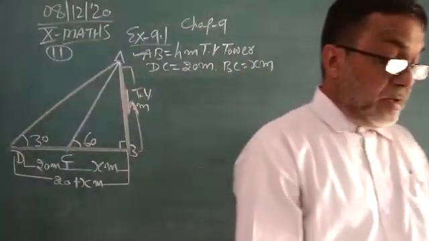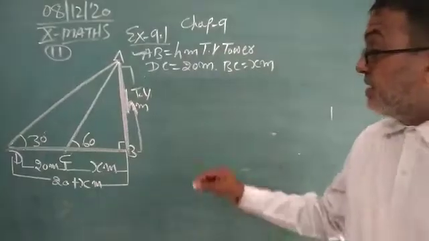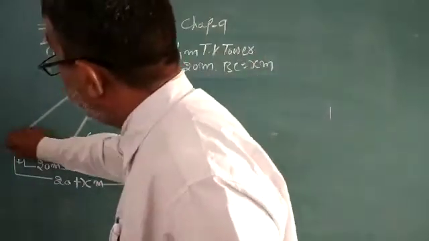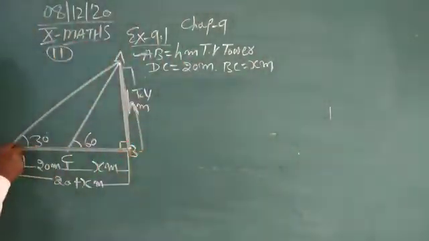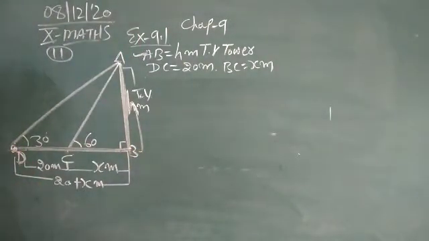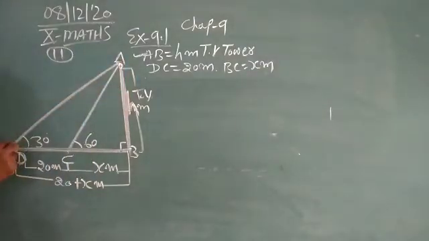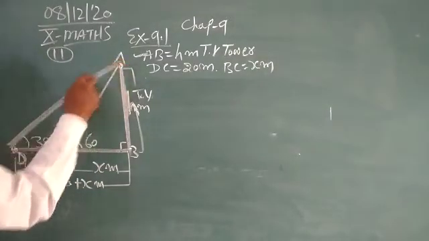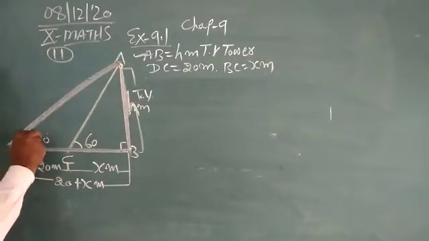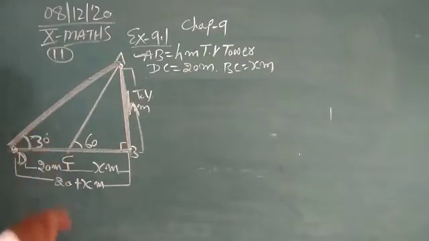Suppose this is a point D on the other bank directly opposite the tower, and from there the angle of elevation of the top of the tower, this is the top of the tower, is 30 degrees.